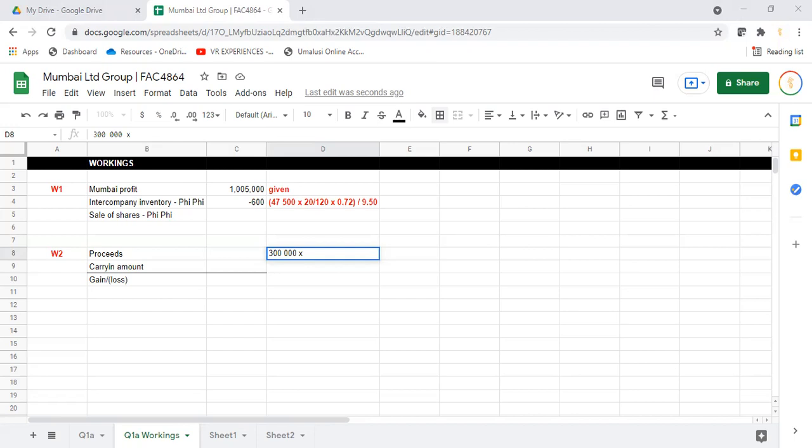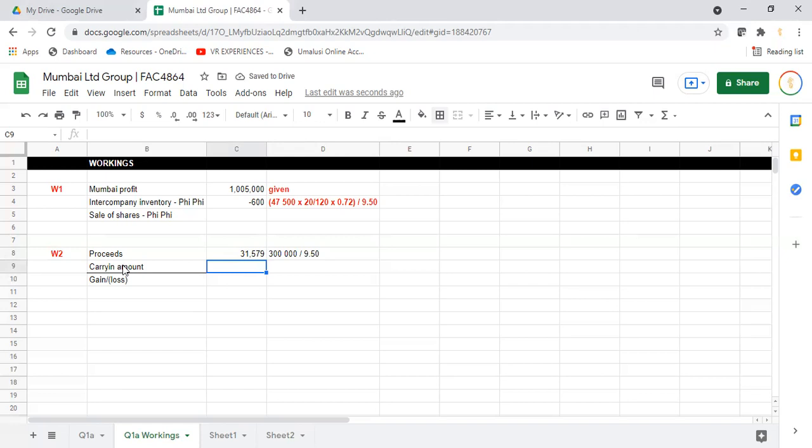The exchange rate at 31 August 2018 was 9 Rand 50, so I'm going to divide by 9.5. Therefore, 300,000 divided by 9.5. That was the proceeds in ZAR.